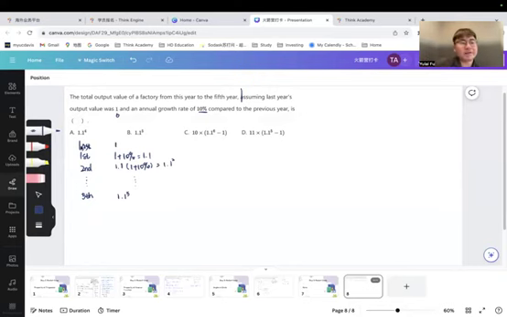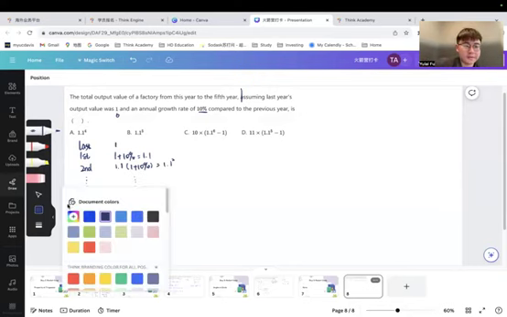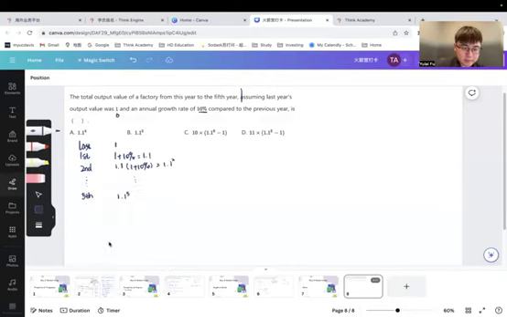Okay, then we want to figure out the total output of these 5 years. So our problem basically changes to finding the sum of the first year plus the second year plus the third year plus the fourth year plus the fifth year.